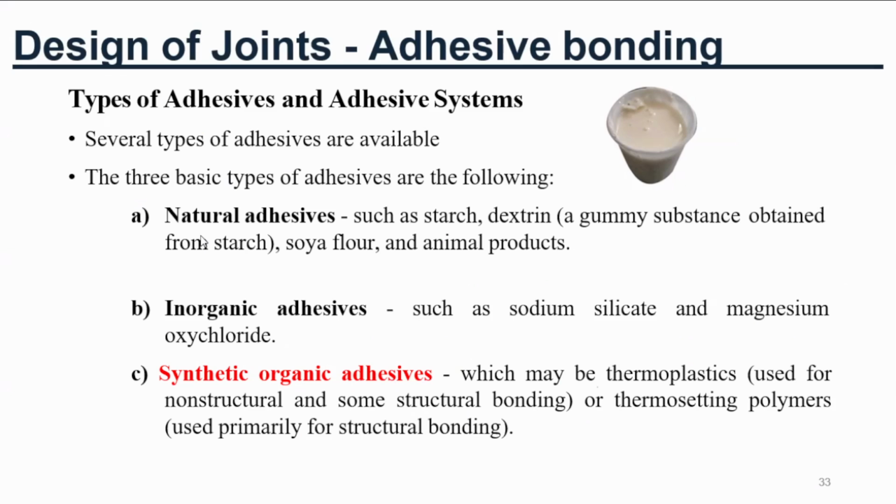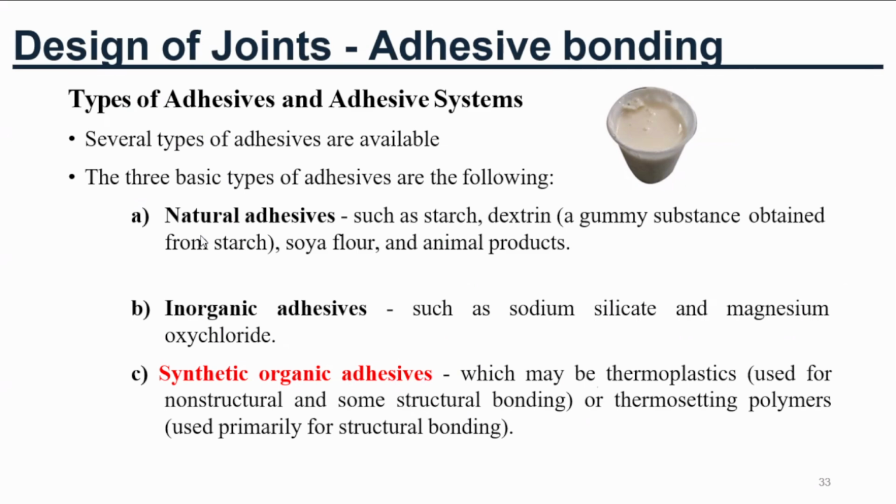Then this synthetic organic adhesive is high strength and also durable. So this may be resistant to moisture and chemical. Okay. These have a lot of advantage. Then the cost is very high.